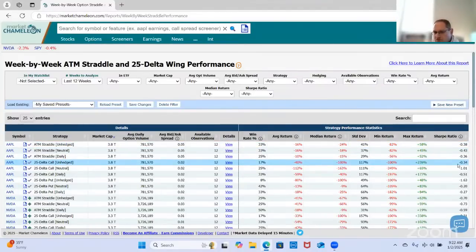They didn't work out from that perspective. But let's say we had a positive return, and then we divided it by the standard deviation of the returns to get the Sharpe ratio. This helps us quantify the historical returns versus the variability or risk per unit.